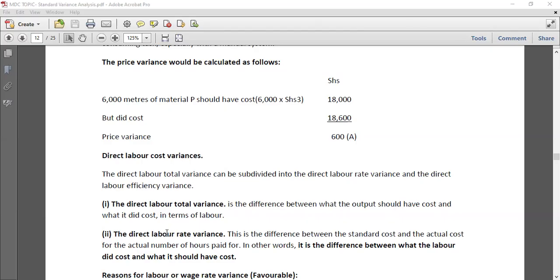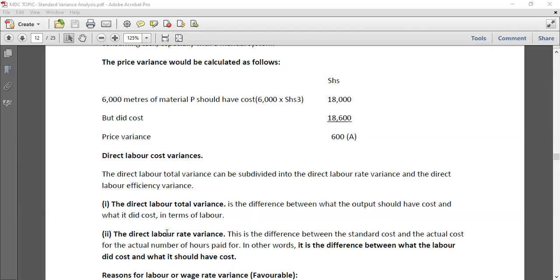The same thing with the sales variances. If you're looking at the selling price variance, your focus should be to make sure that it's price that is being varied, because it's price that is changing.